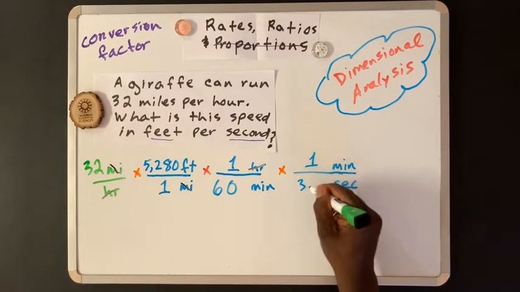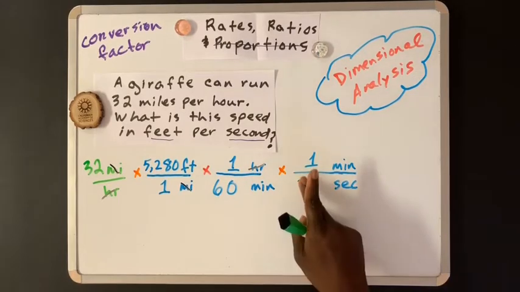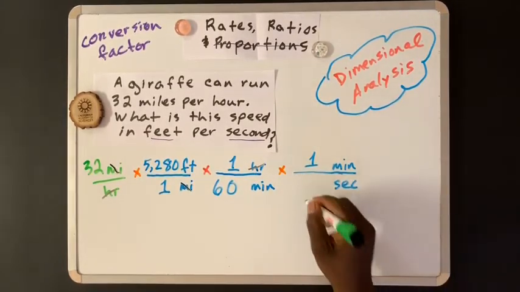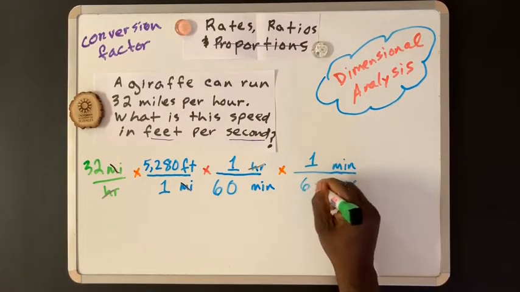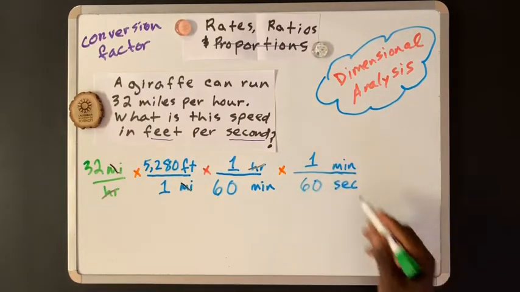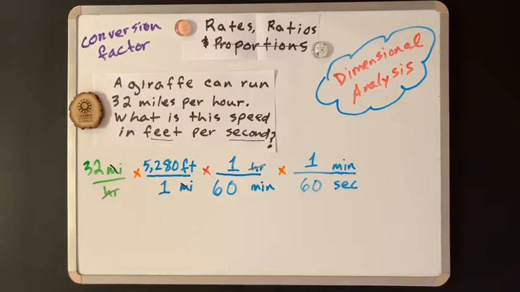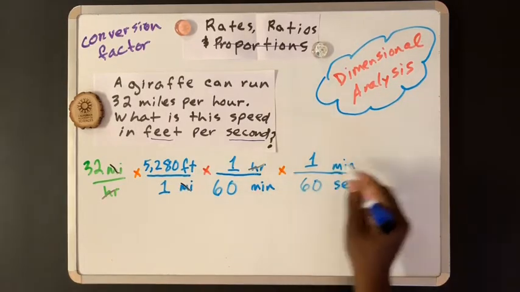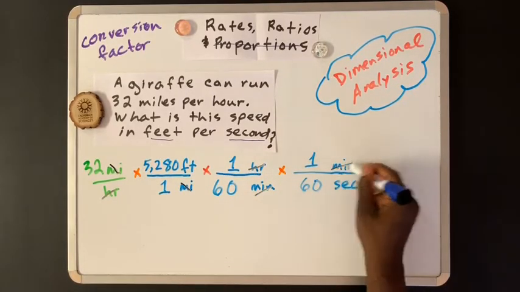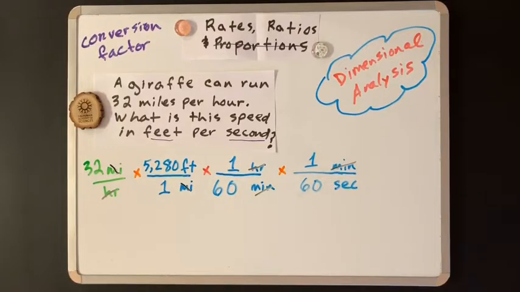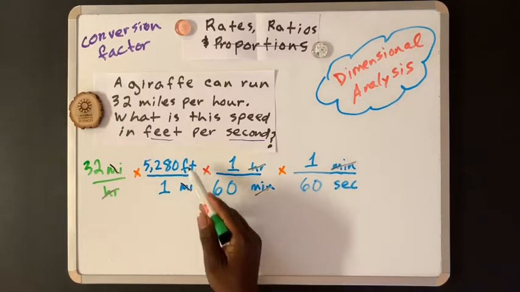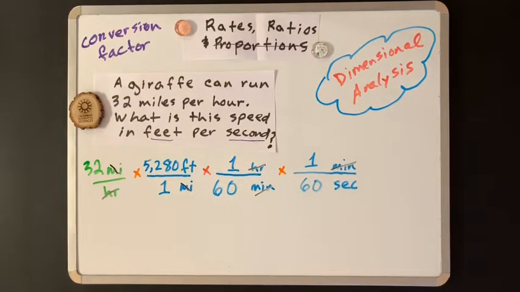You know it. 60 seconds in 1 minute. Yes, I can hear you. You're seeing it. Yes. We got to cross out the minutes. Minutes divided by minutes is 1. So let's check now. What units do we have left? Feet per second. Excellent.